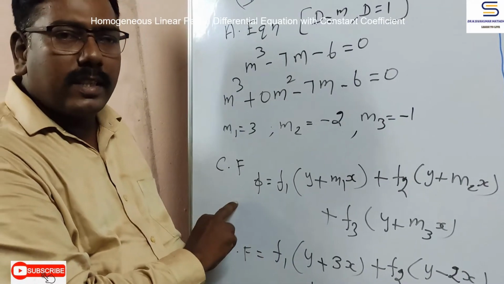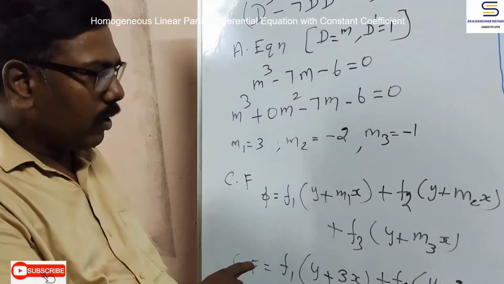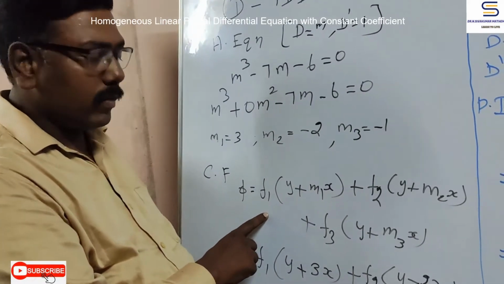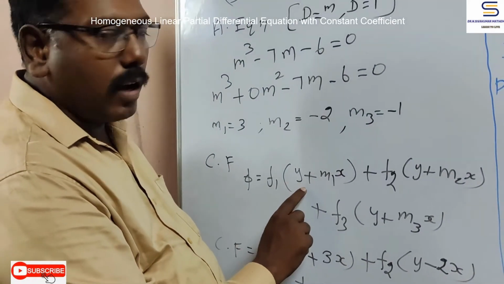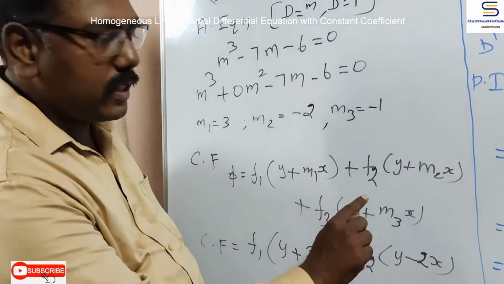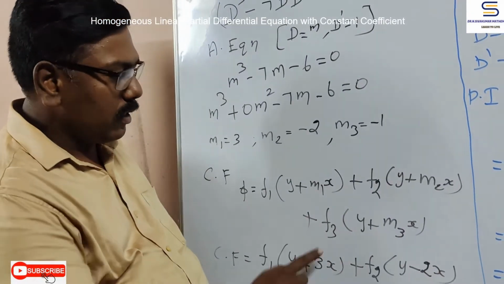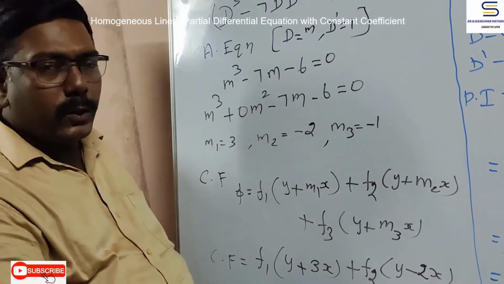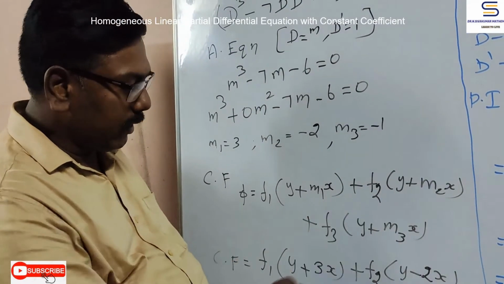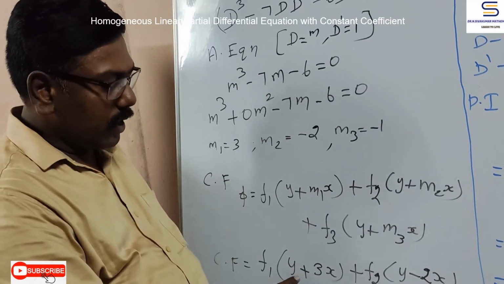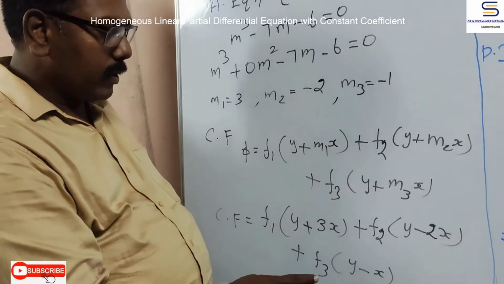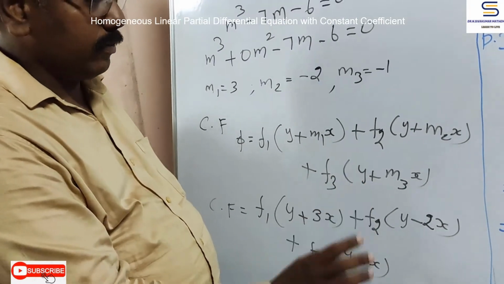So the complementary function CF equal to, for 3 distinct roots, you have the formula f1 of y plus m1x plus f2 of y plus m2x plus f3 of y plus m3x. Now substituting the values m1, m2, m3, we get f1 of y plus 3x plus f2 of y minus 2x plus f3 of y minus x.